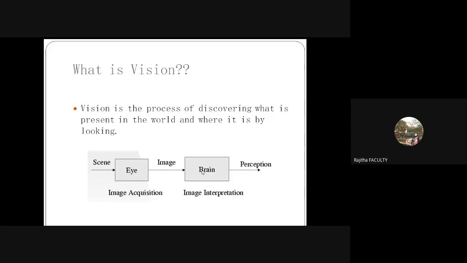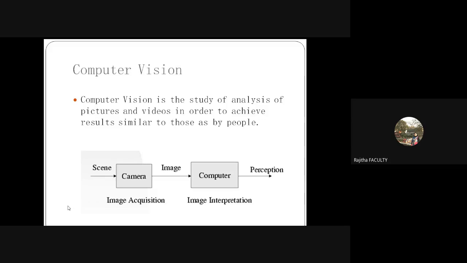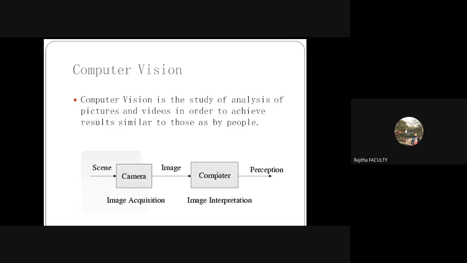If I take this into the concept of ML, then the real-time scenario is captured through your camera, and your computer, which is ML based, learning based, or deep learning based, will take the decision based on the current scenario, what is going on in that video, right?